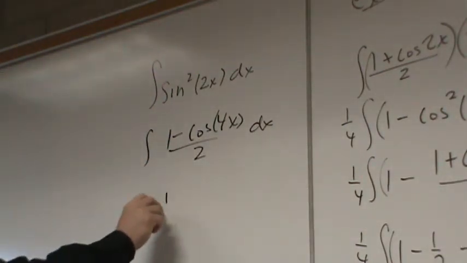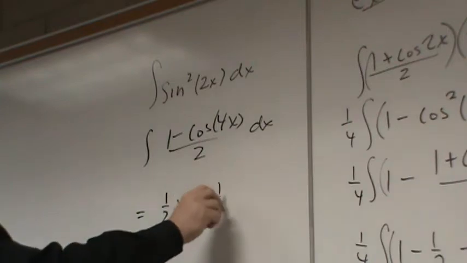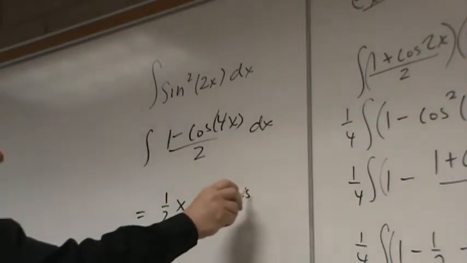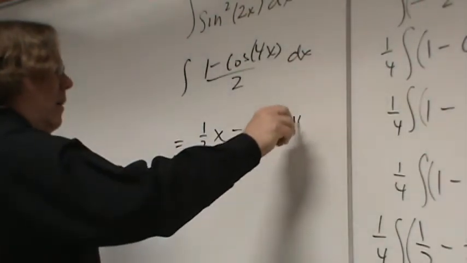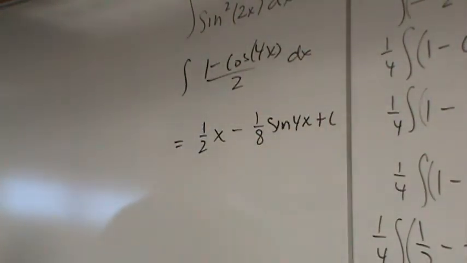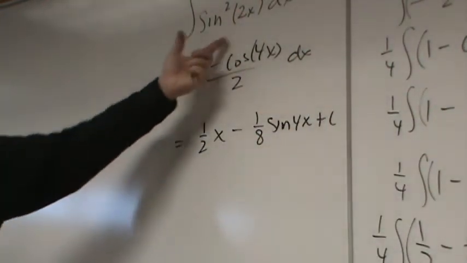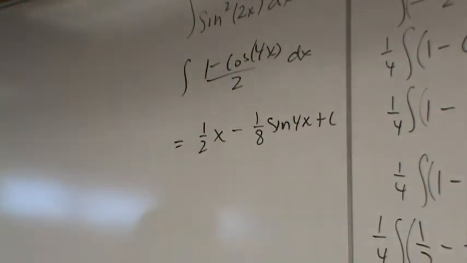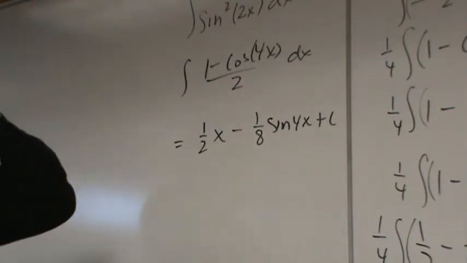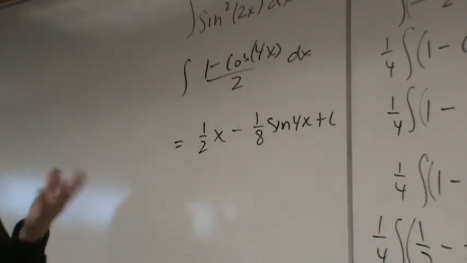Then this ends up being 1/2 x minus 1/8 sine of 4x plus c. So they might give you a problem that's that simple, just to see, hey, do you know the substitution. So, hey, any question or problem on what you do if the sine and cosine are both even?